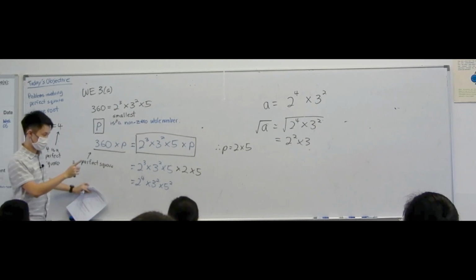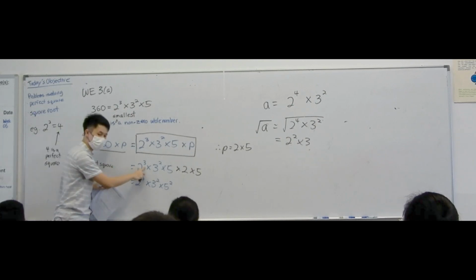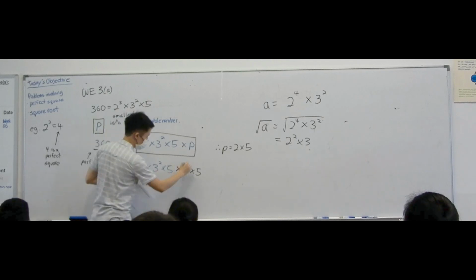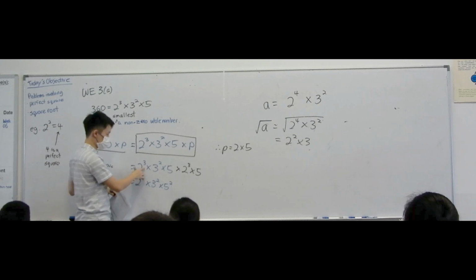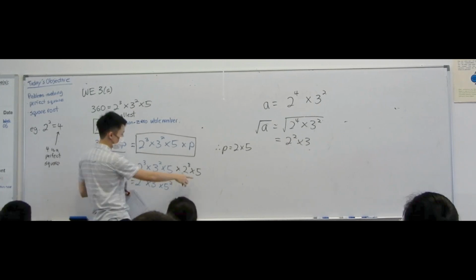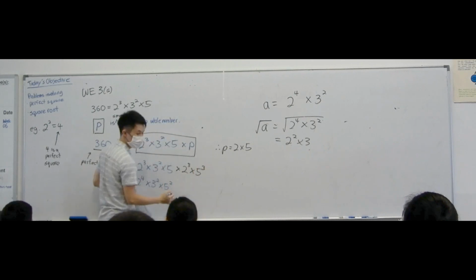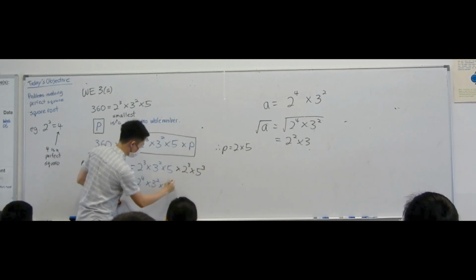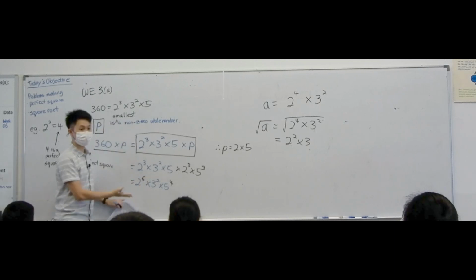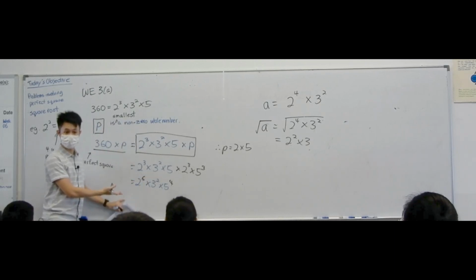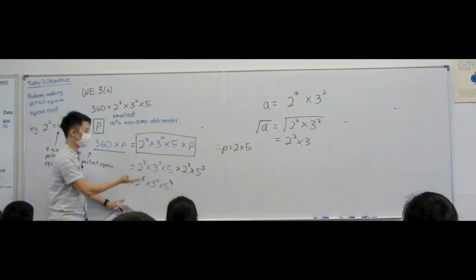Because technically, I need to make this even, right? Can I multiply 3 to the power of 3? No. Why not? I can make this even, right? It becomes 2 to the power of 6. Then this one I can also multiply by 5 to the power of 3, then I can make this 4, I can make this 6. It is still a perfect square. But why can I not do this?